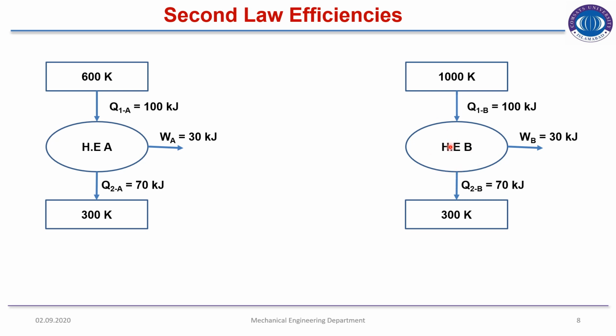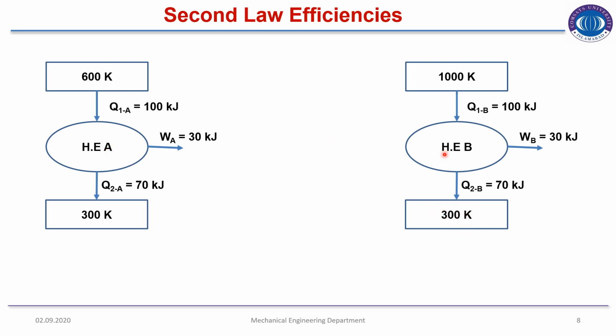For heat engine B, the source temperature is 1000 Kelvin, whereas for heat engine A it was 600. The same amount of heat, 100 kilojoules, is absorbed from the source into heat engine B, and 30 kilojoules of work is produced by heat engine B. The same 70 kilojoules as in A is rejected into the sink, which is also at 300 Kelvin.